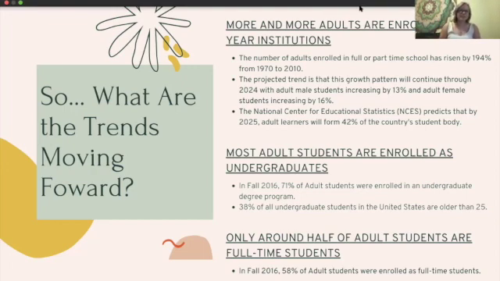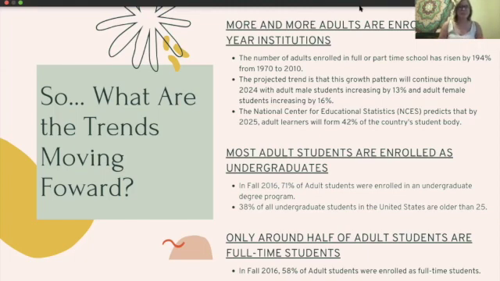Also, another statistic that is important to note is that most adult students are enrolled as undergraduates. In fall 2016, 71% of adult students were enrolled in an undergraduate degree program, and 38% of all undergraduate students in the United States are older than 25. I feel like the statistic is important to note because a lot of times when you hear undergrad, you think of 18-year-olds to 22-year-olds.